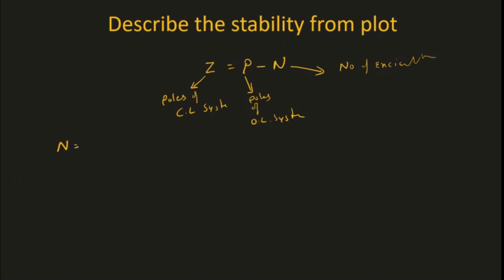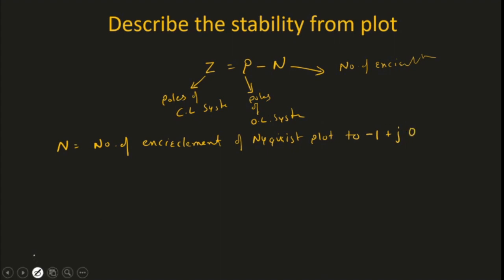So here n is equal to the number of encirclements of the Nyquist plot to the point -1 plus j0.